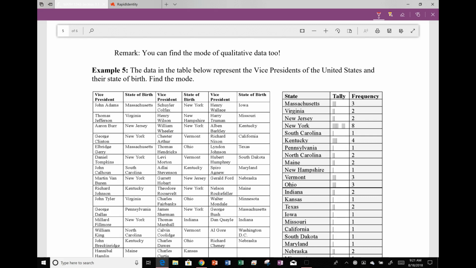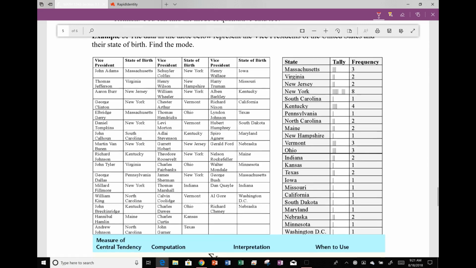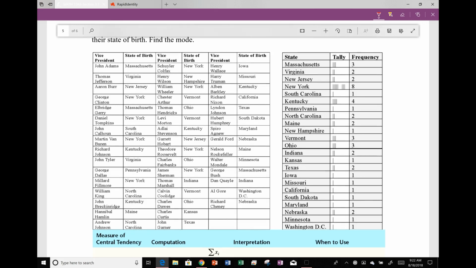This data represents the vice presidents of the United States and their birth state. So we want to find the mode. So notice John Adams was born in Massachusetts. Thomas Jefferson was born in Virginia. We have taken this table of data right here, and we have counted up how many vice presidents were born in Massachusetts. There were 3. How many vice presidents were born in Virginia? There were 2.